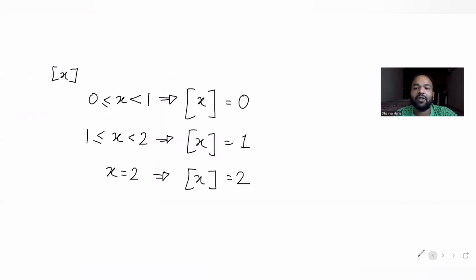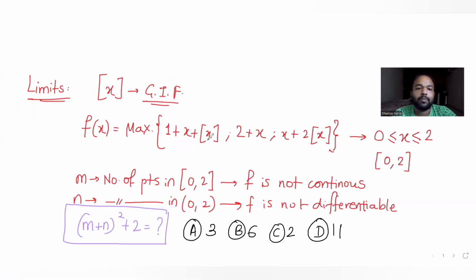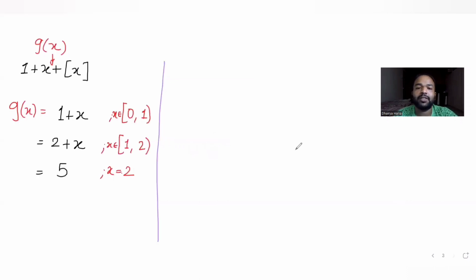So if I see the other function that is given to me, 2 plus x, it is not dependent on the greatest integer function. So for all the values from x equal to 0 to x equal to 2, we have this expression as 2 plus x. Let's say this is nothing but r of x.